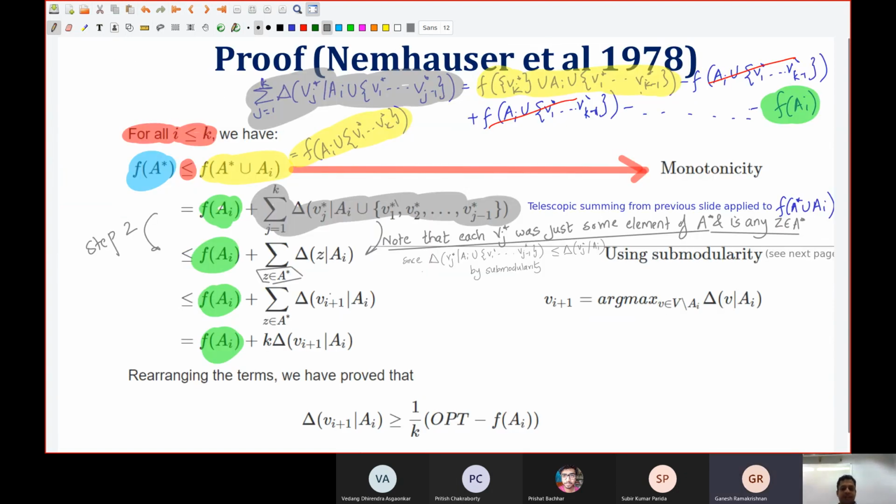Okay, so step 3 is what? In step 3, we are saying that Z, when it's getting added to AI, cannot be better than Vi plus 1 when it got added to AI.